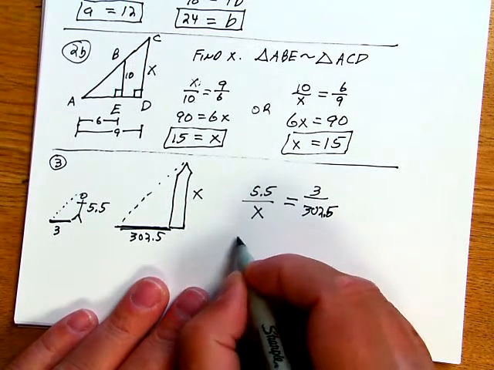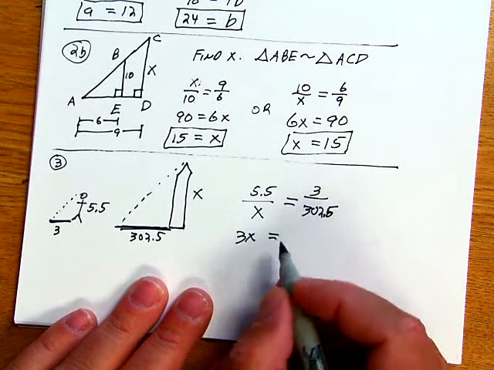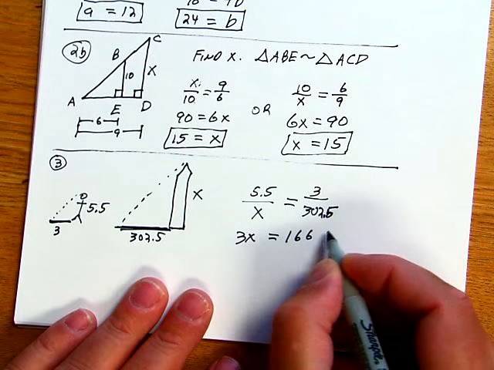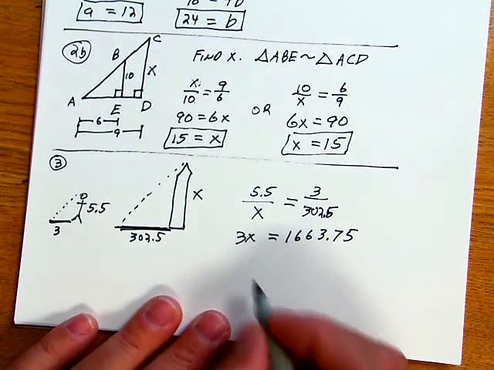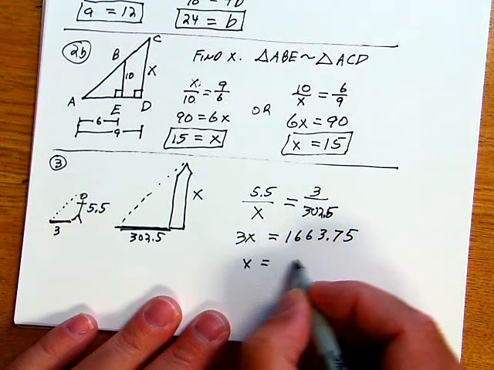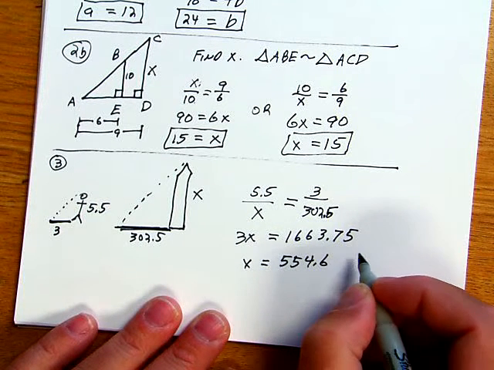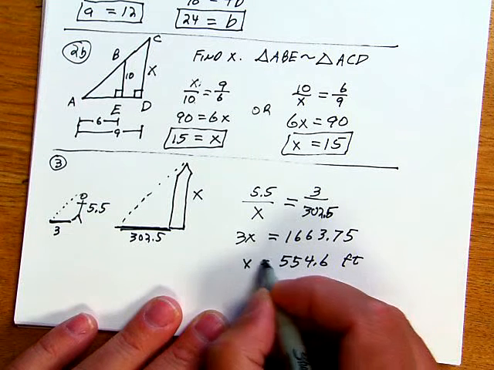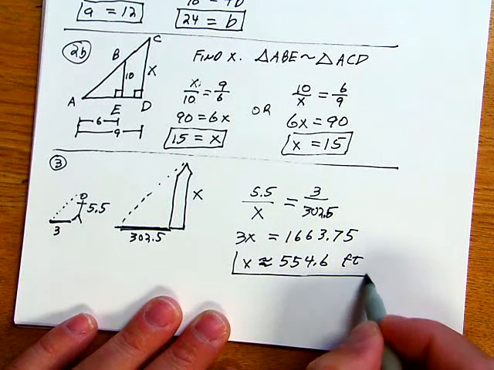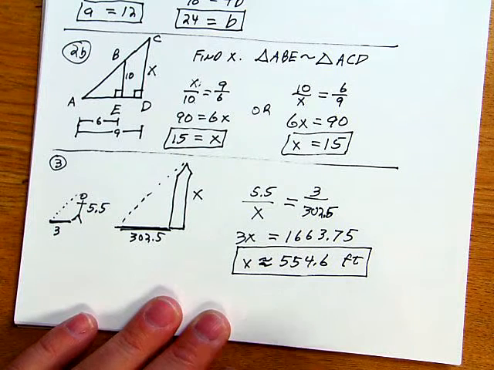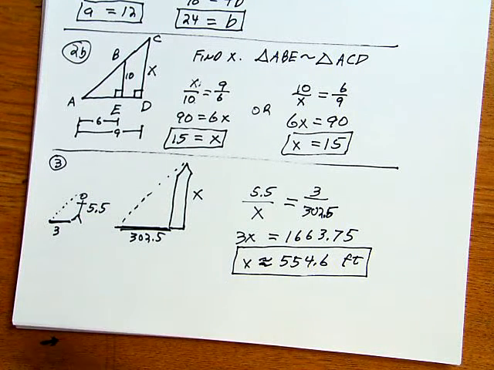We cross this way, we get 3x, and you multiply that times that, you get 1663.75. Divide both sides by 3, and you get 554.6 feet. And this is not equal, it's approximate. And there we've solved how tall the Washington Monument is by using Janelle's shadow on the sidewalk and measuring the shadow of the Washington Monument.